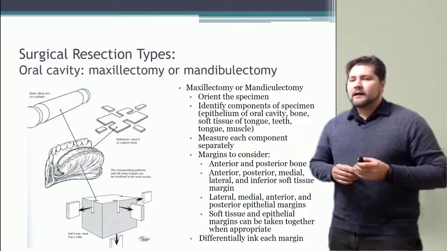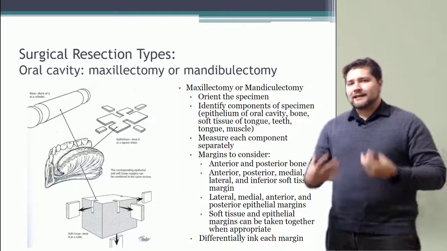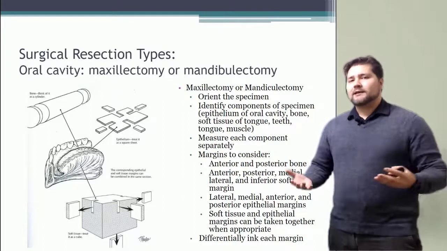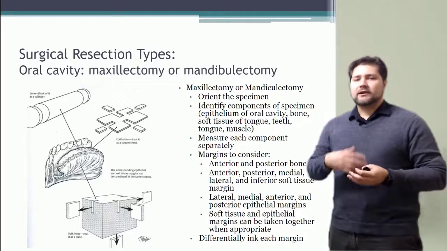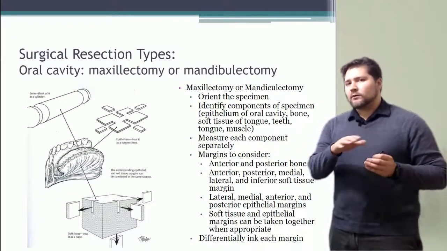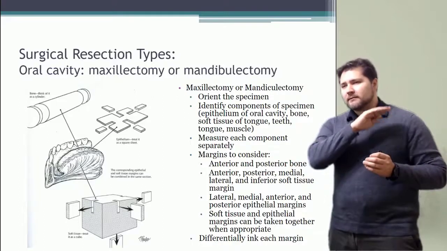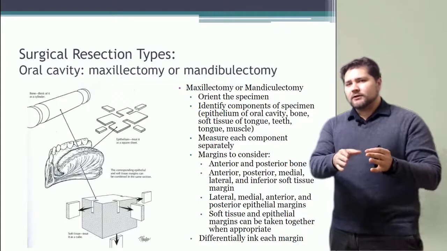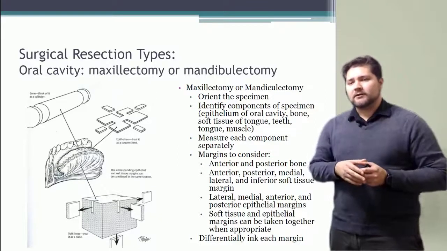Okay. Then when we section it, we can get the greatest dimension of the tumor if that's changed in any way. And then we want to reassess our margins. So now you're going to have to document the inferior margins. So for purposes of demonstration, we won't really worry about the superior margin element. We'll just worry about 5 soft tissue margins, 2 bony margins, and then the 4 epithelial margins.